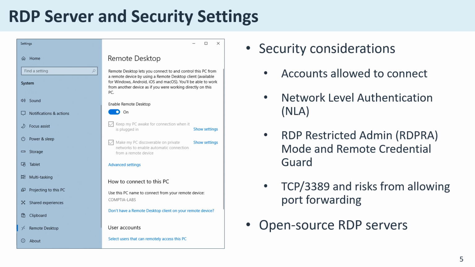The Remote Desktop Protocol Restricted Admin Mode, or RDPRA, is a feature that enhances security when using remote desktop connection. When you connect to a server in restricted admin mode, your credentials are not sent to the remote server.